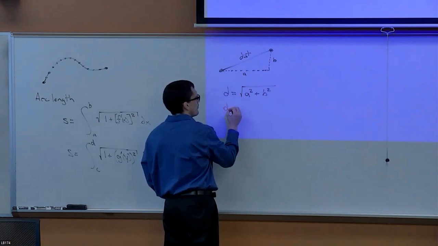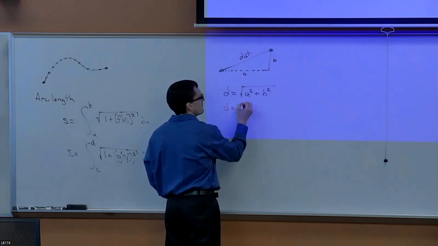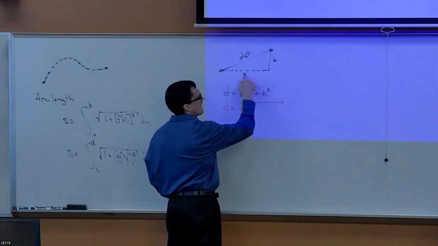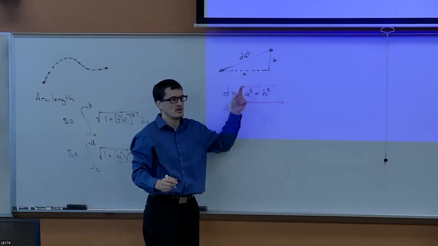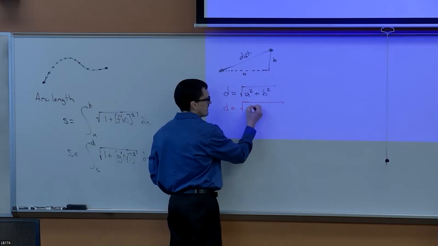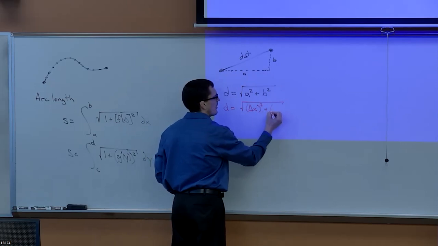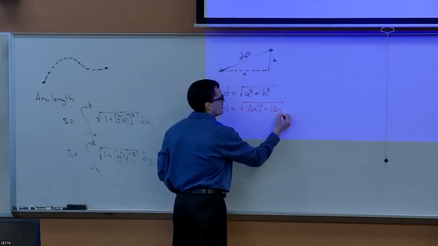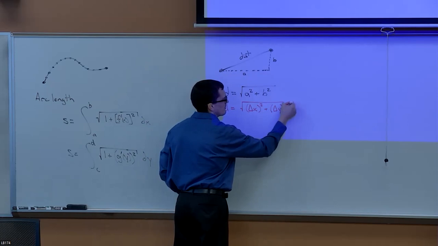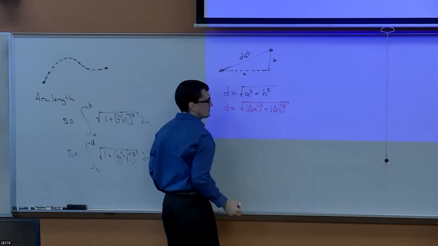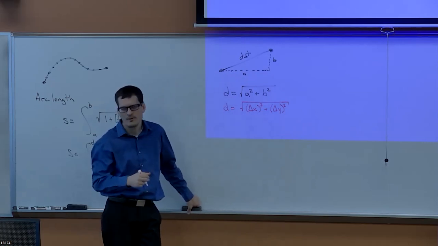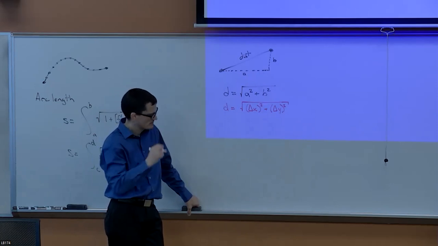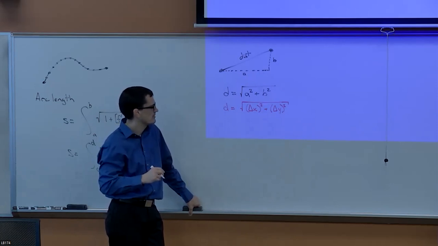What is a? Well, a is simply how much change there was in the x values. So change in the x values is delta x. B is how much change there was in the y values. That's just delta y. You guys know that delta notation just means change in x, change in y. The triangle is the Greek letter delta.